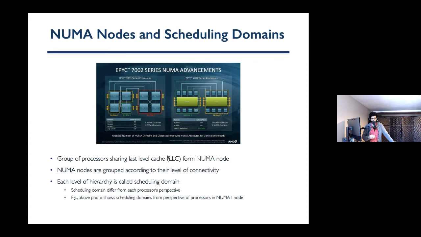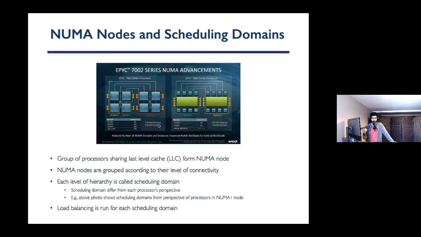So you have this hierarchy of scheduling domains that you could migrate your task between. And when you do load balancing, you basically want to load balance between these domains rather than any 2 cores. It's better to do it per core, but then it costs a lot in a system with 128.